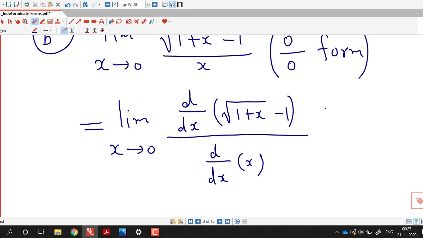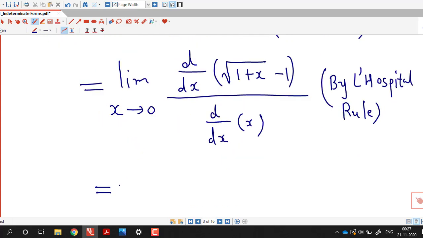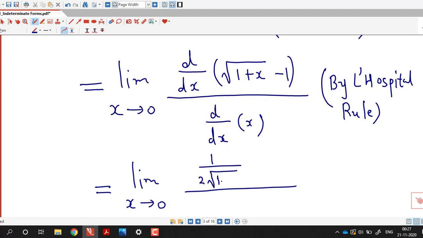So this is by L'Hospital rule because both the functions in the numerator and denominator are differentiable. Now the derivative of square root of 1 plus x is 1 over 2 times square root of 1 plus x into the derivative of 1 plus x, which is 1, and the derivative of the constant 1 is 0. Here the derivative of x is 1.